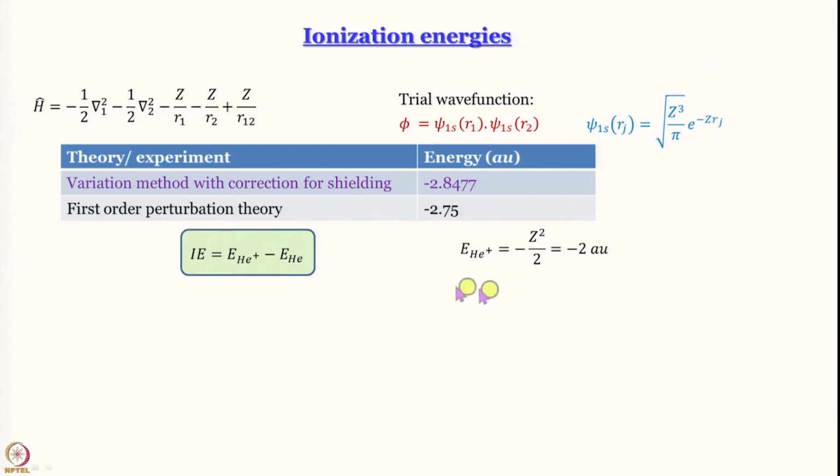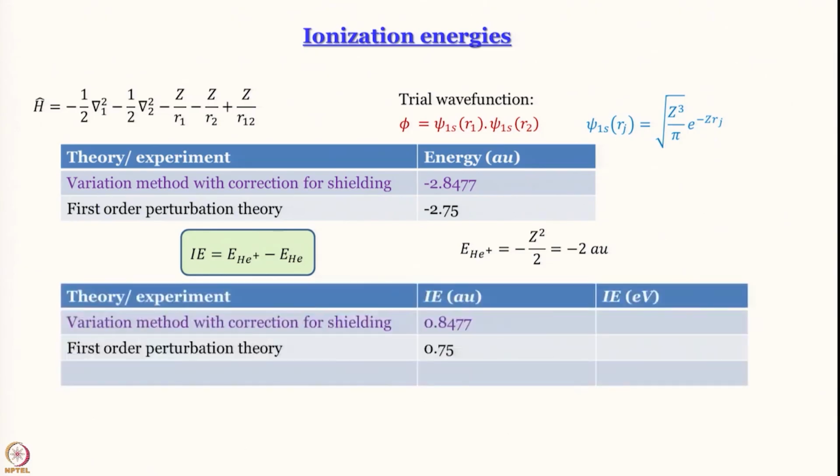Ionization energy then would be minus 2 minus 2.8477 in case of the variation method, and 2.75 in case of perturbation theory, and you appreciate the picture properly when we take it to electron volt.